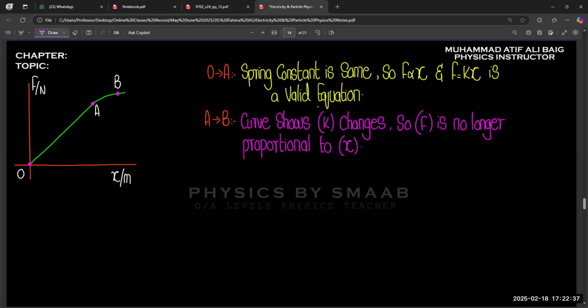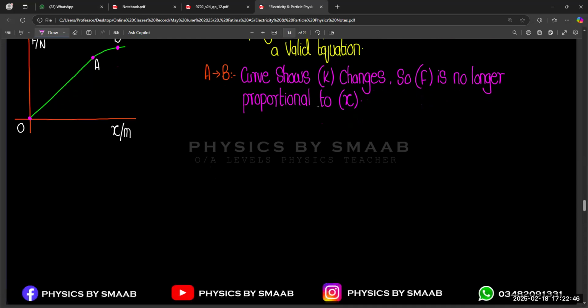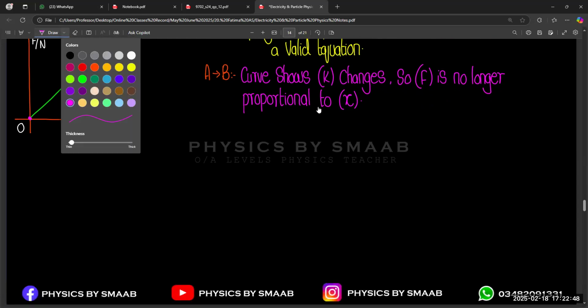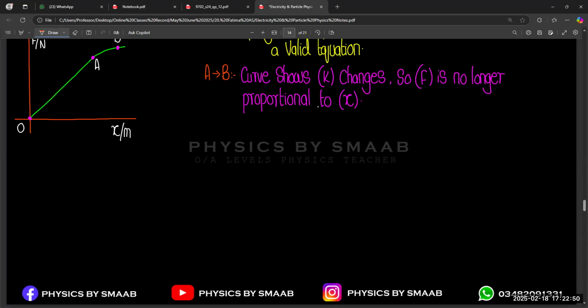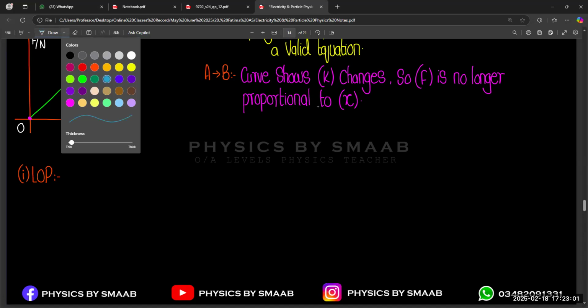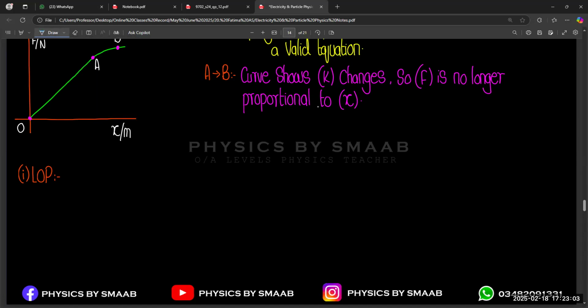So this is the scenario that we observe from the graph, and from this scenario we can also differentiate the limit of proportionality and the elastic limit. So basically, let's first look at the limit of proportionality, in short LOP. When can we use this term?